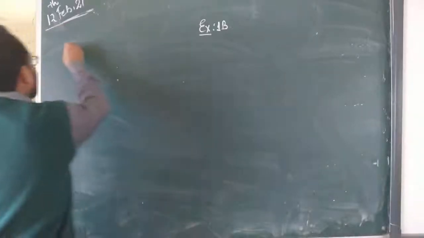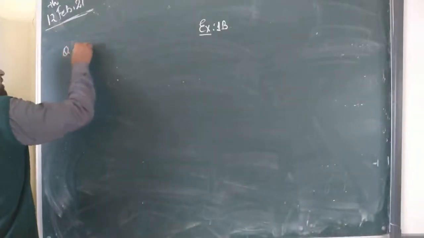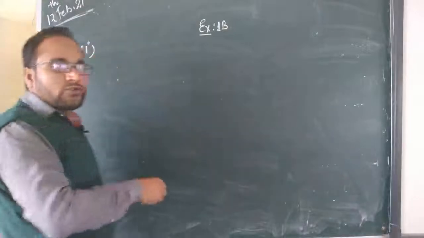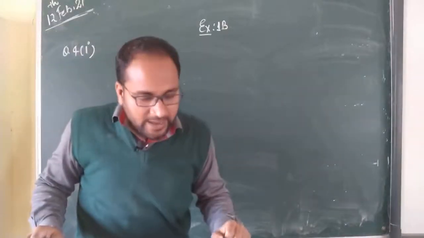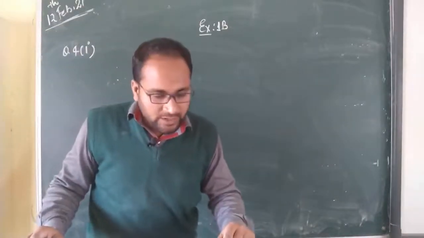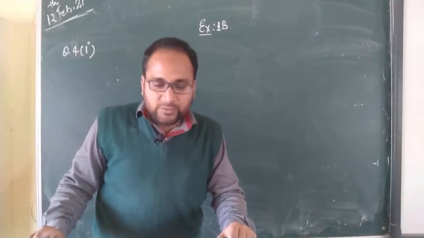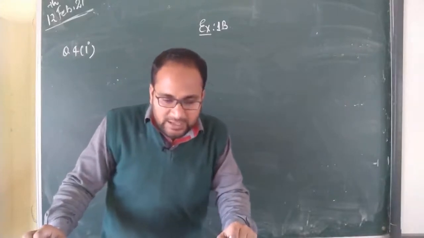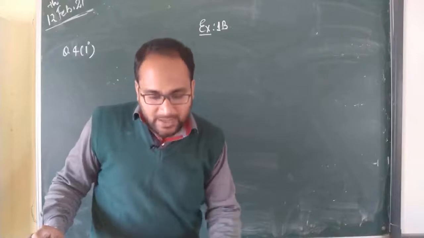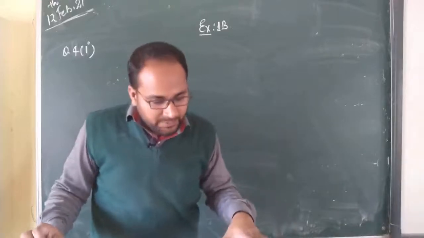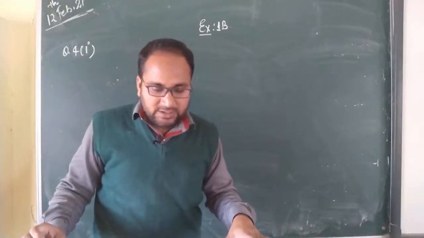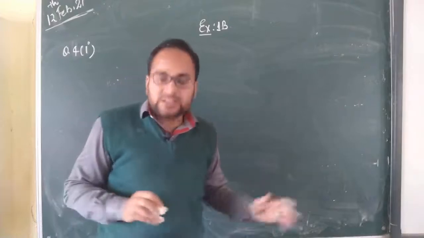Your question number 4 is divided into two parts, and both are done the same way. The mean height of Shweta, Smriti and Suniti is 148 centimeters. If Shweta and Smriti are 150 centimeters and 140 centimeters respectively, find Suniti's height.